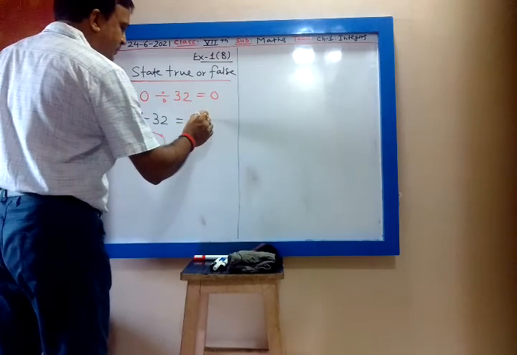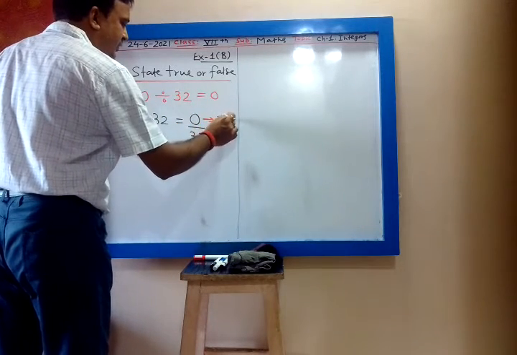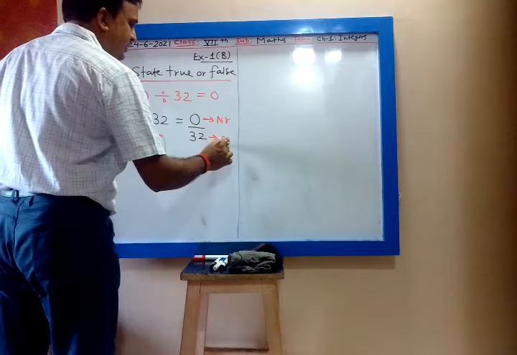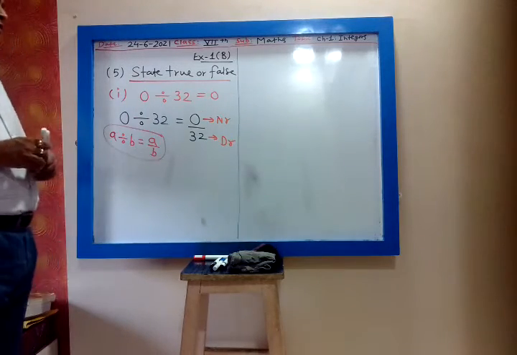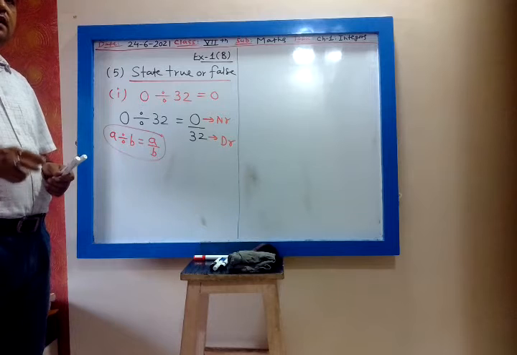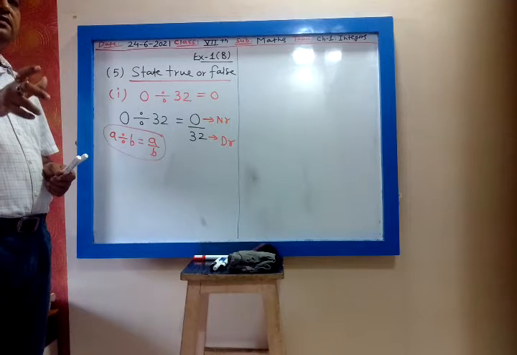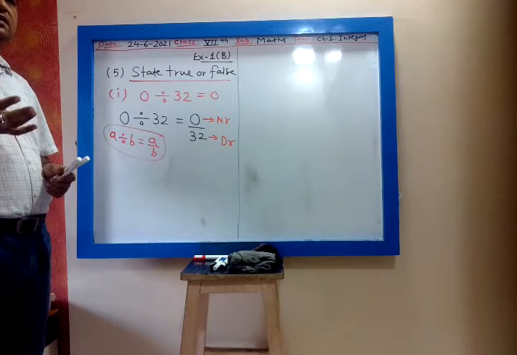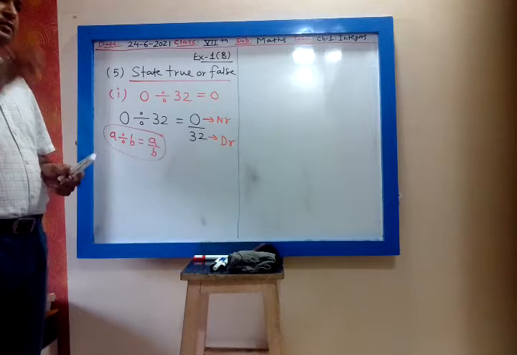Now where is this 0? This 0 is in the numerator and this 32 is in the denominator. So whenever numerator is 0 and the denominator is any positive integer or any negative integer, the value becomes 0.